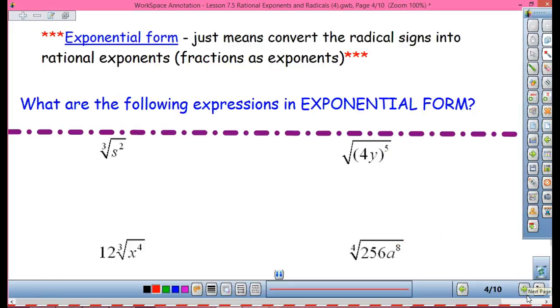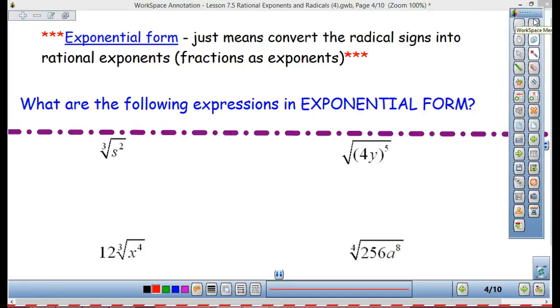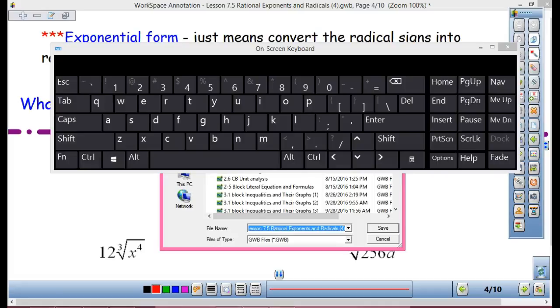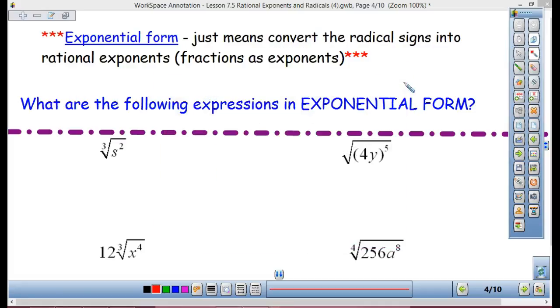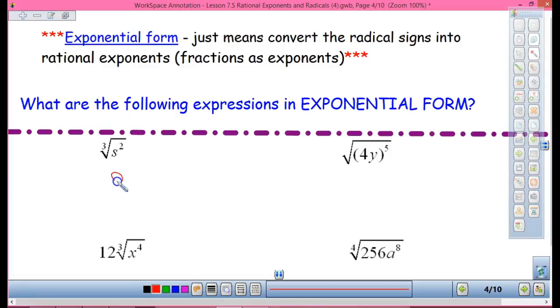Alright, so now we have variables, right? So when I'm using variables, basically we're just not going to be able to simplify. So we're going to have s to the 2/3, inside over the outside. Okay? If you have parentheses, it must stay in parentheses.